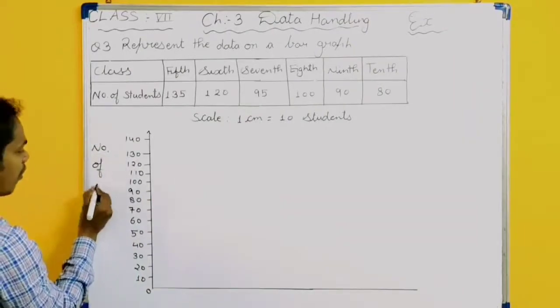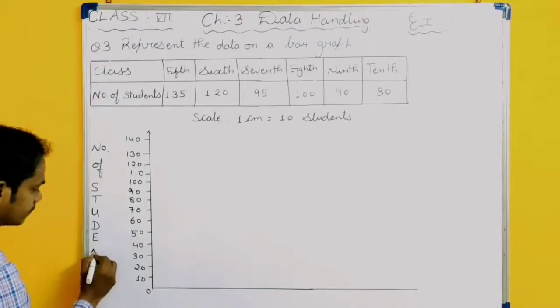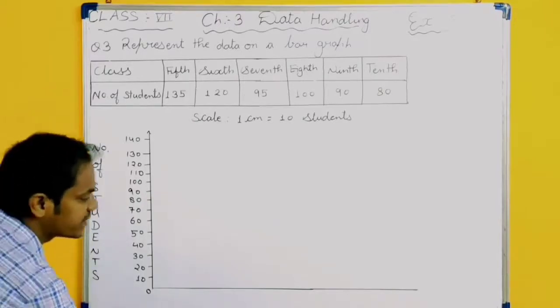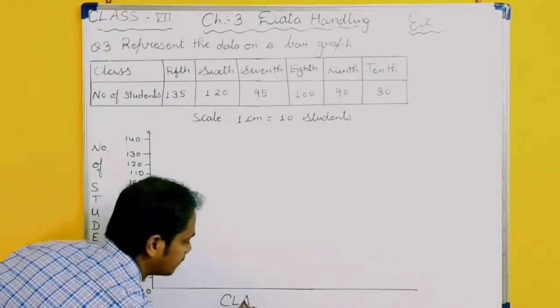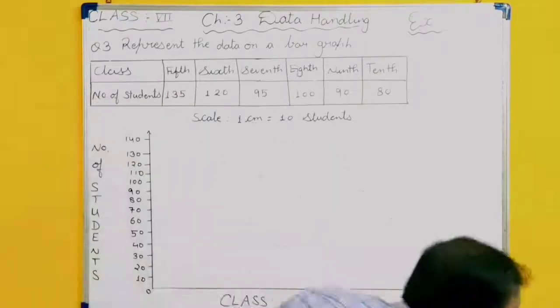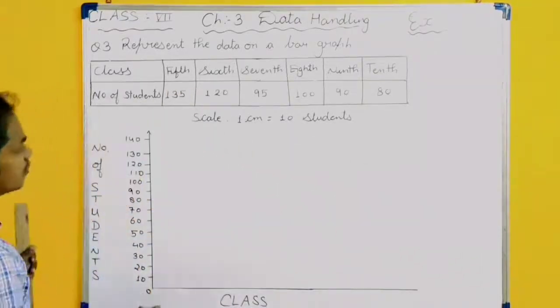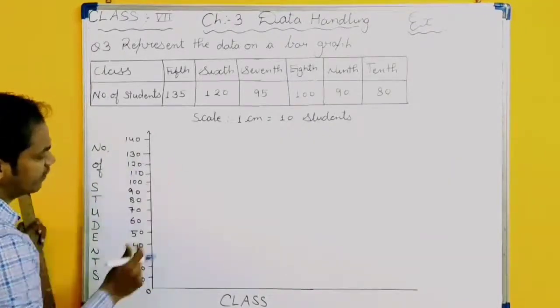Number of students. And what are you measuring on your x-axis? Class. It's very easy. In 5th class how many students are there? In 5th class 135 students are there. So where will you get 135? Between 130 and 140. Here you will get it.